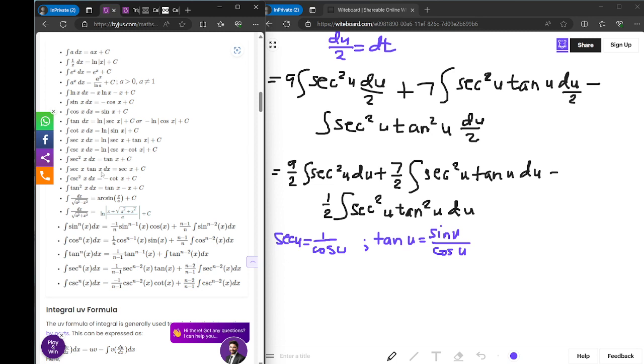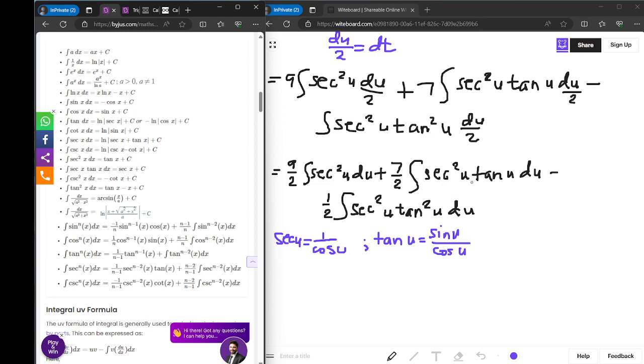If we express them in terms of sine or cosine, then let's say secant is 1 over cosine, so secant squared is 1 over cosine squared. In tangent, okay, I think I have an idea for the second term.